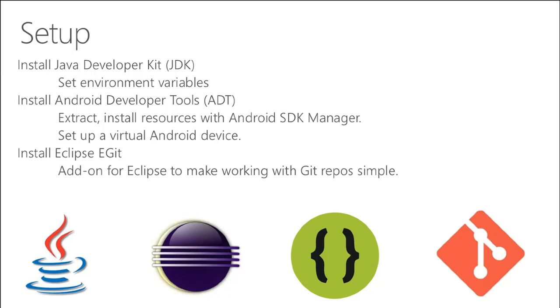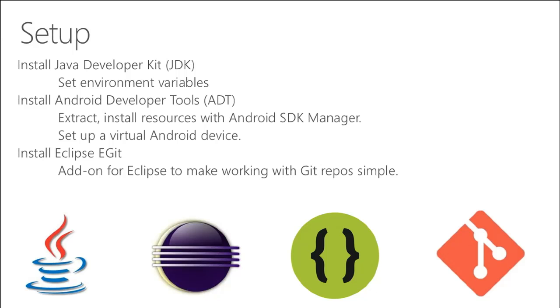Eclipse, for those that don't know, is an integrated development environment, kind of like Visual Studio, but not as good. I'll be honest, Eclipse is a pretty bare bones platform, but it's very good for extensibility. You can add a lot of plugins on top. And the Android project took advantage of that, and they packaged up Eclipse with a bunch of plugins that make Android development really simple.